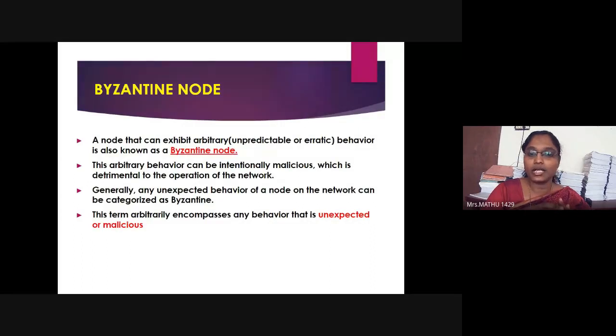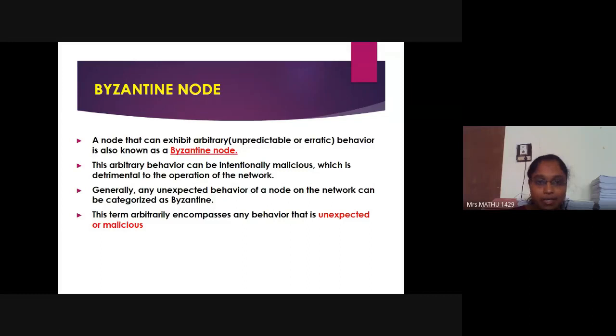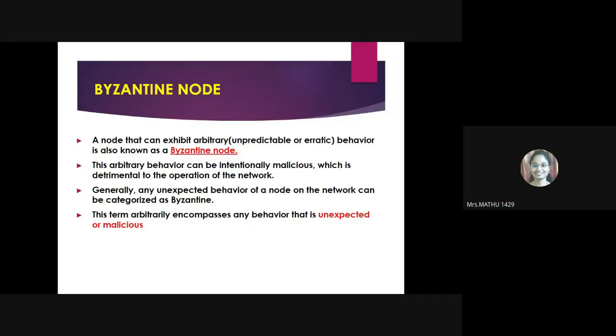Now, in that network, there are some nodes which try to disrupt that common purpose. They don't follow the coordinated fashion or the predictable way, and they go in some other unpredictable or erratic way. That is why these nodes are called Byzantine nodes.